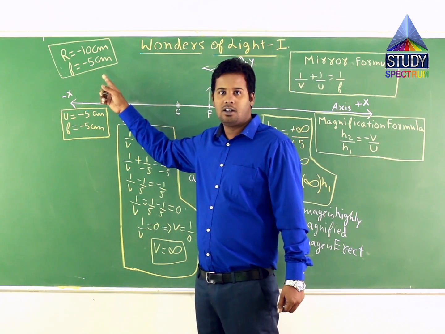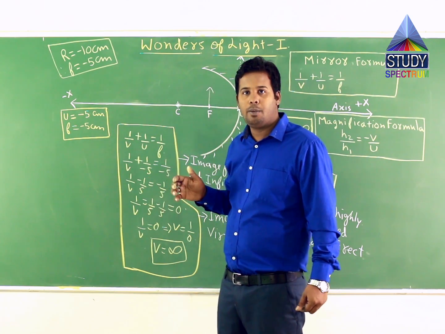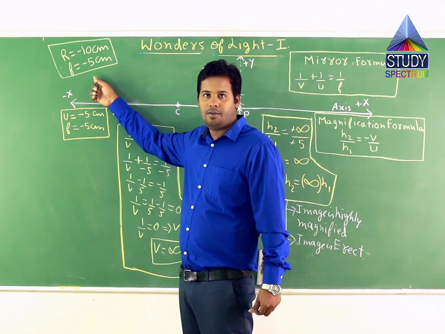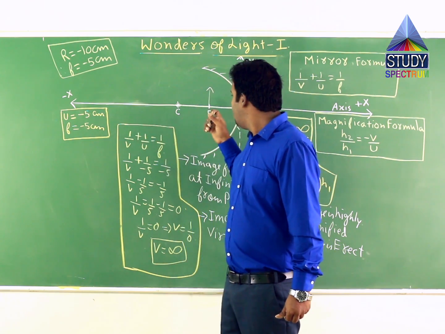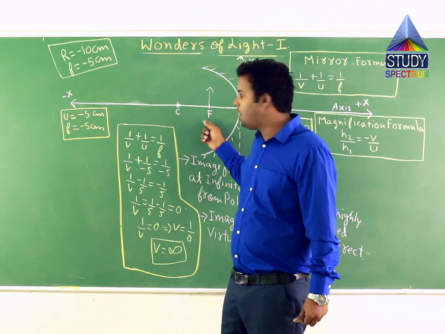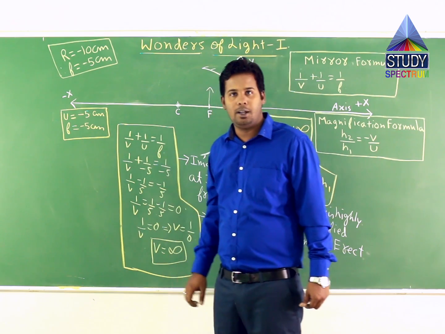So R becomes minus 10, and since for small apertures focal length is half of radius, it becomes minus 5. Correct? Now since the object is placed at focus point itself, this point is -5, so we have taken u as -5 centimeters.